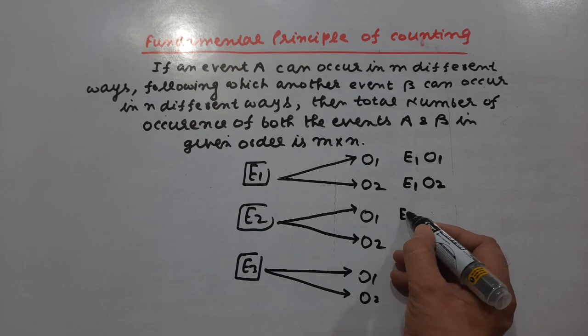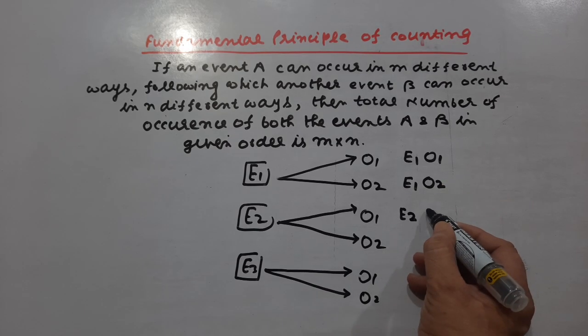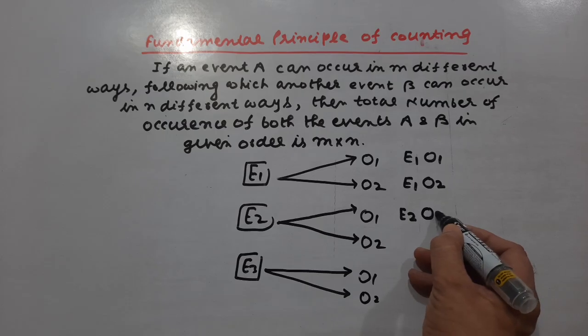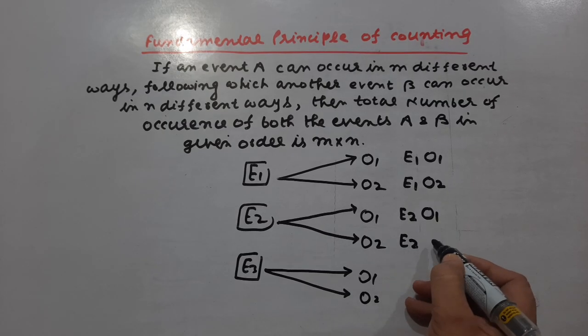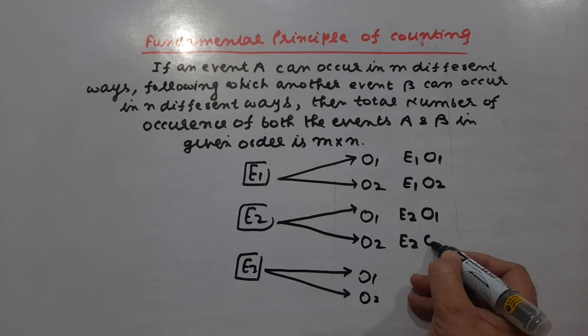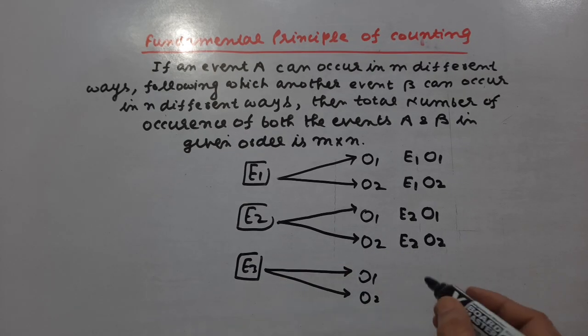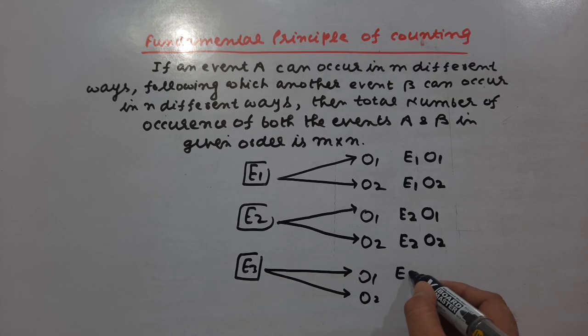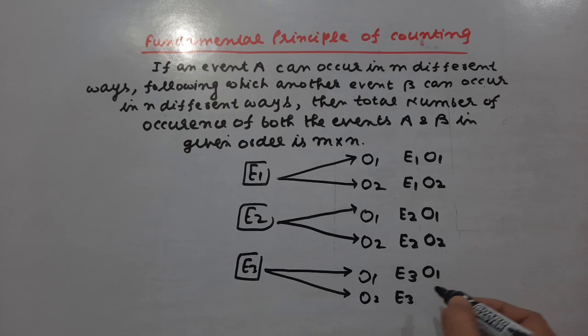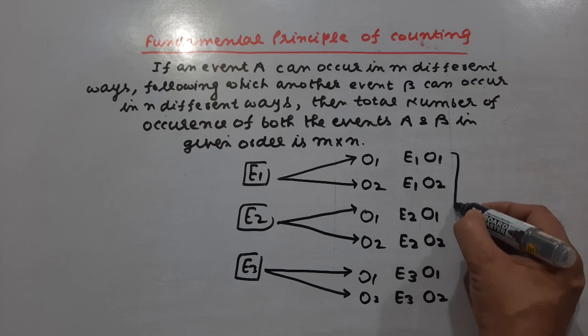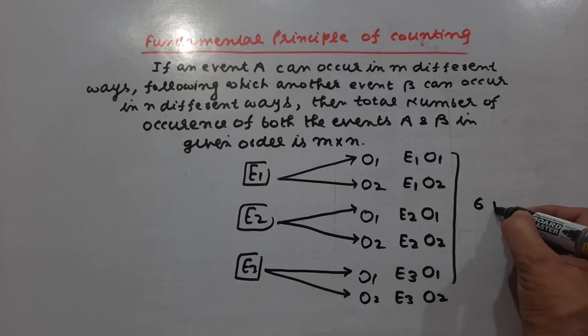Then the third is entering through E2 and going out through O1, and the fourth is entering through E2 and going out through O2. The fifth option is entering through E3 and going out through O1, and the sixth is entering through E3 and going out through O2. So we have six possibilities.